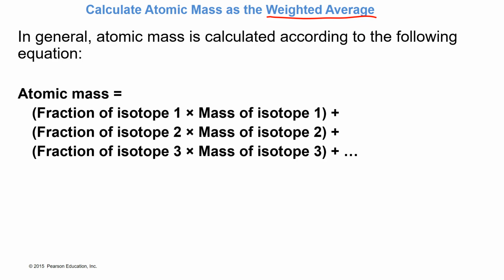If I have element X, there's no element X on there. This is just a hypothetical element. And I say element X has 3 different isotopes. One isotope is X12, and then we have X14, and then we have X16.